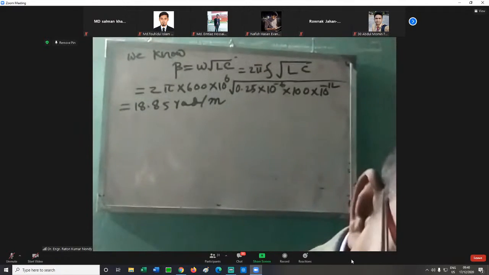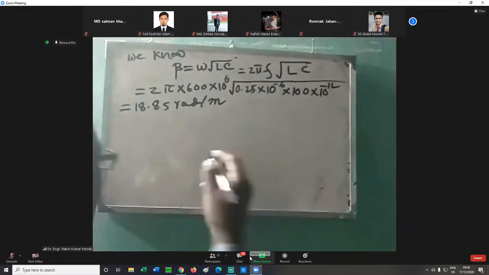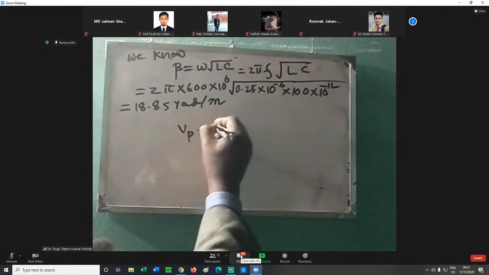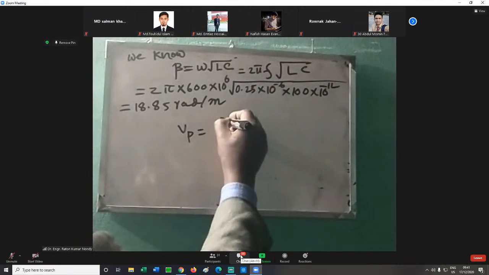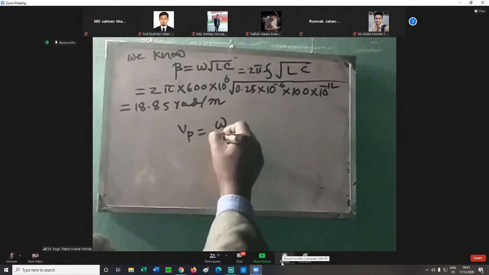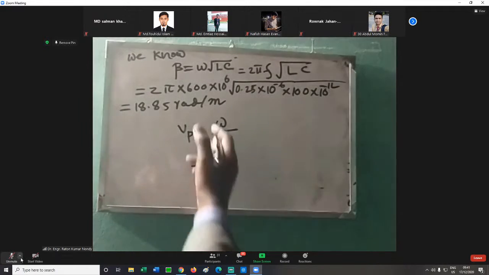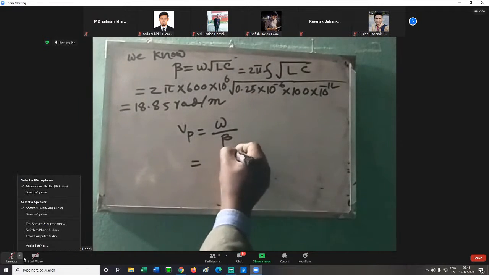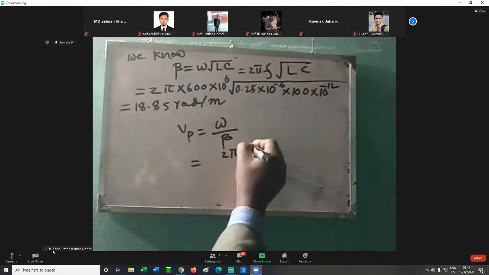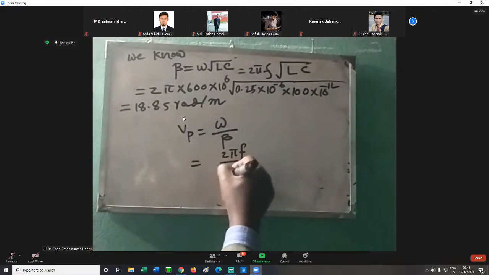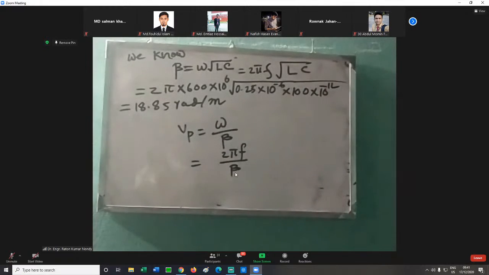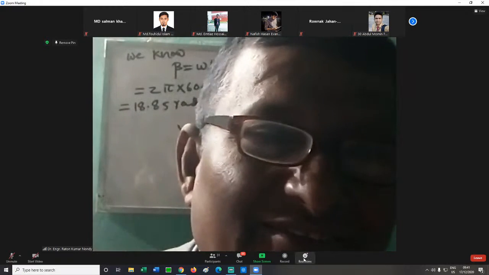So in this case, the phase velocity will be Vp equal to omega divided by beta. Omega is what? Twice pi f divided by beta. Beta we have calculated, you told 18.85, is the value of beta.